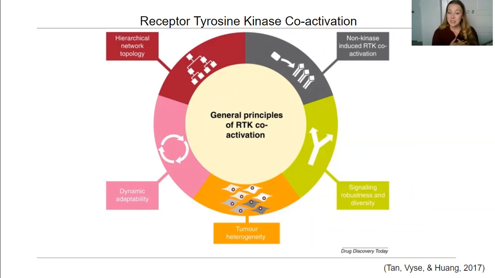But anyways, receptor tyrosine kinase co-activation is commonly found in multiple cancer types. This includes lung cancer, bone cancer, soft tissue cancers, glioma, breast cancer, ovarian cancer, mesothelioma, and more types of cancers, various cancers.